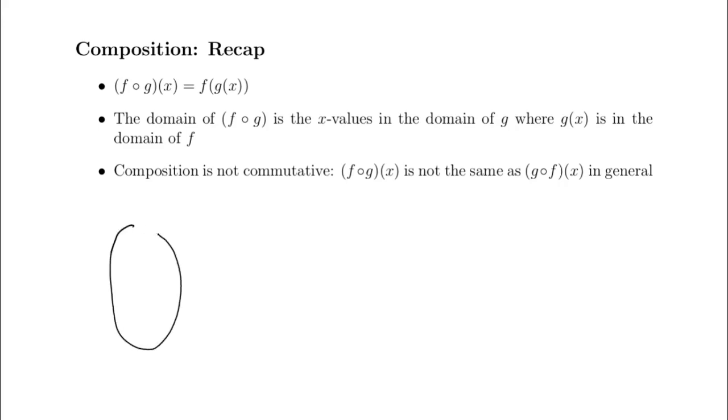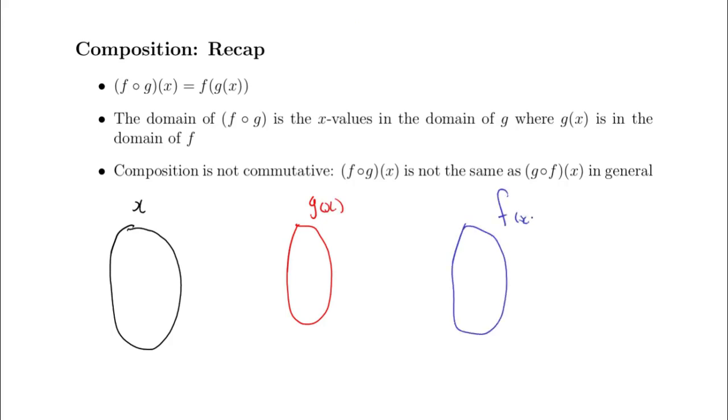So here's our picture that we have. We have these three sets: our x values, our g of x values, and then f of g of x. What we do is we take all these points here and we bring them over to points in this g of x set using our g function.